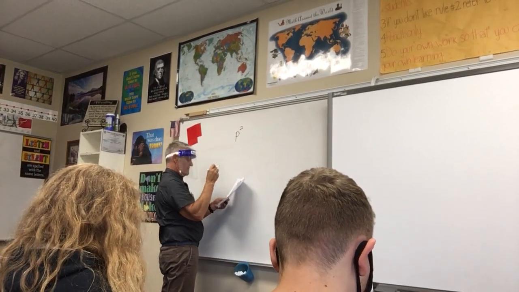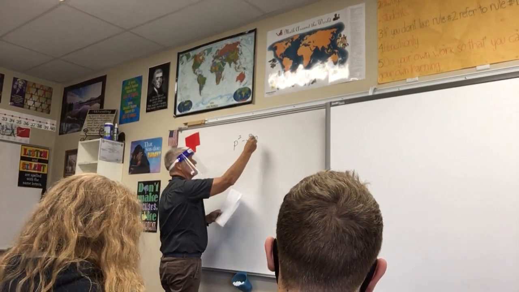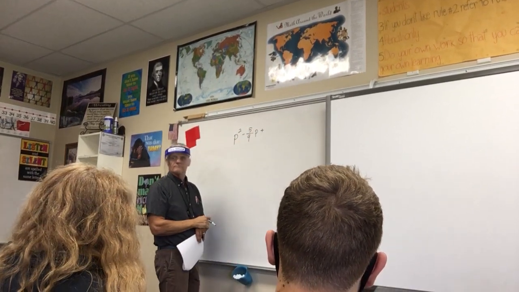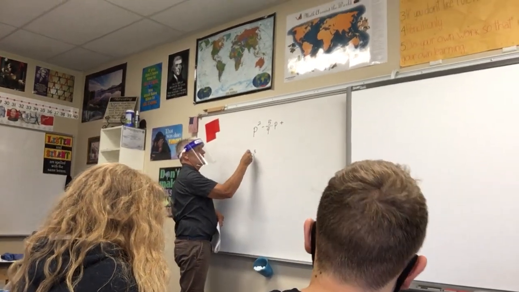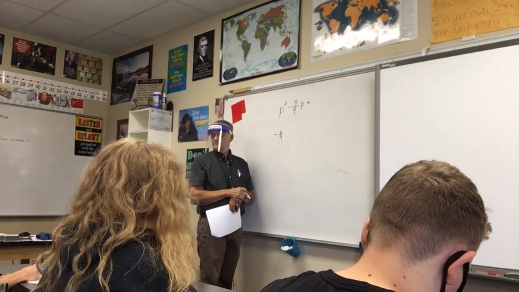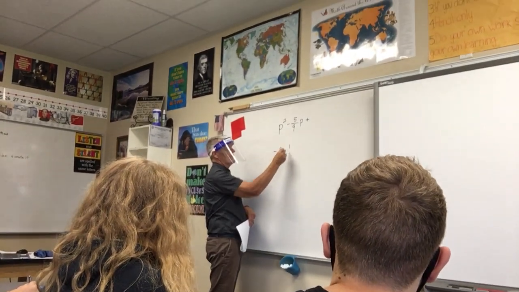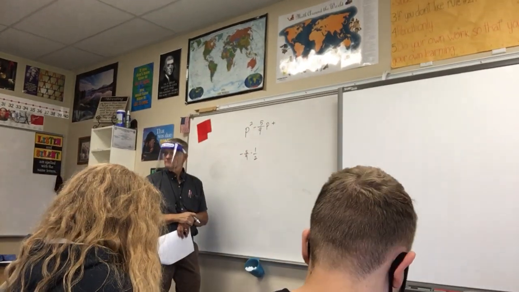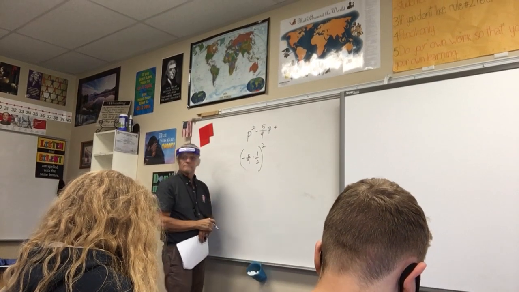P squared minus 5/9 P plus something. So I'm going to go negative 5/9. Joseph, what am I going to do with that? Divide it by 2, or times it by 1/2, same thing. And then square it.